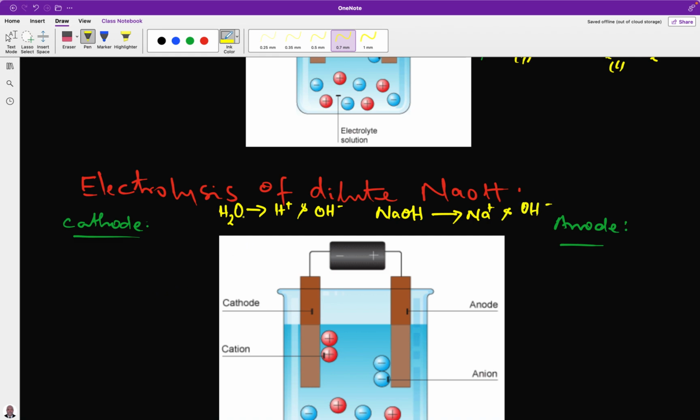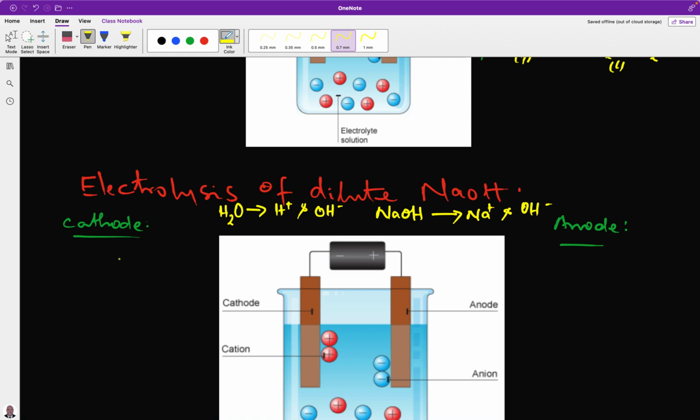Now, which of them will go to the cathode? The cathode is negatively charged, so it is going to host the cations.